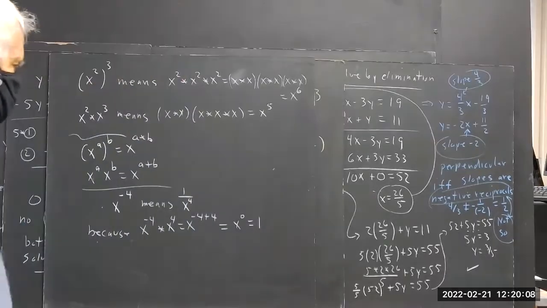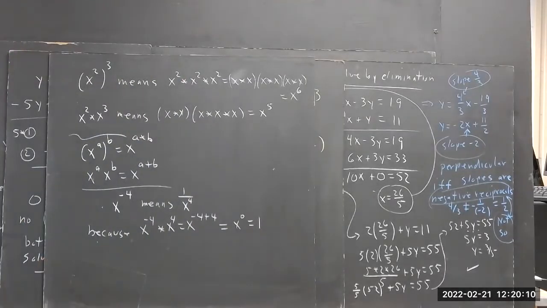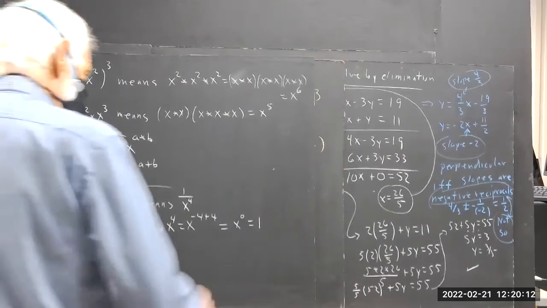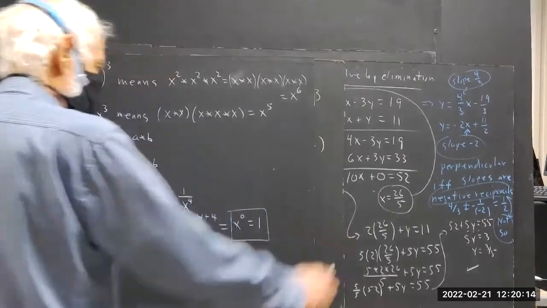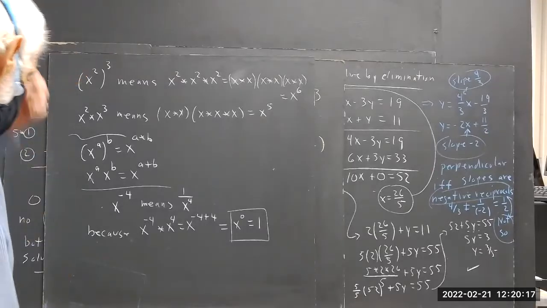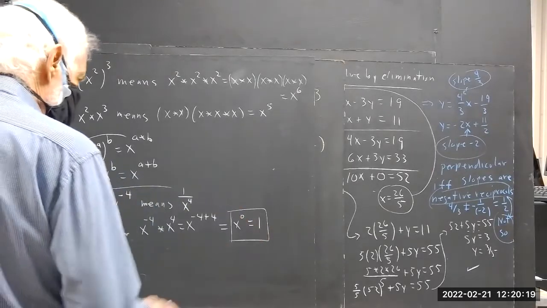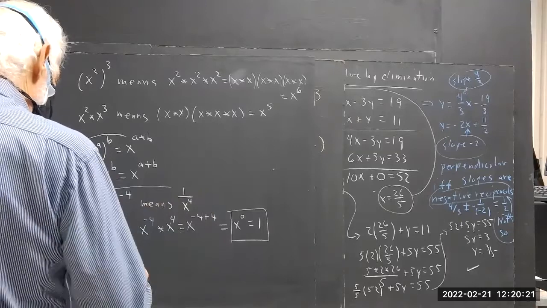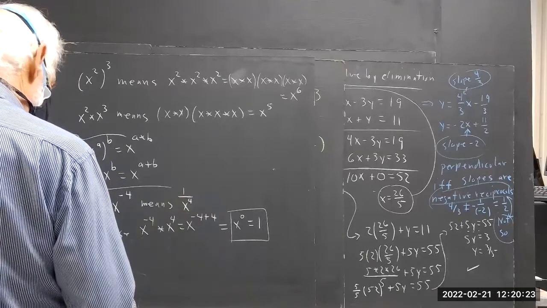That equals x to the 0, and x to the 0 has to be 1. Now that's a rule in itself. Any number to the 0 power is 1. That's why this is totally rigorous, because you use this to conclude why this is so.